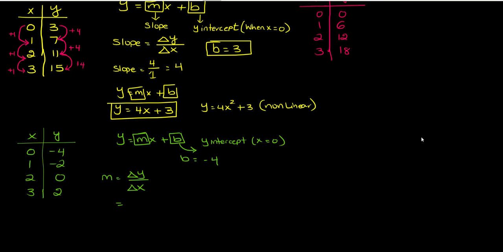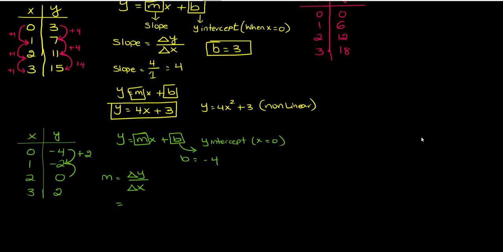So let's figure out the change in y. From -4 to -2, how many steps do we need to take to go up to -2? That is positive 2.